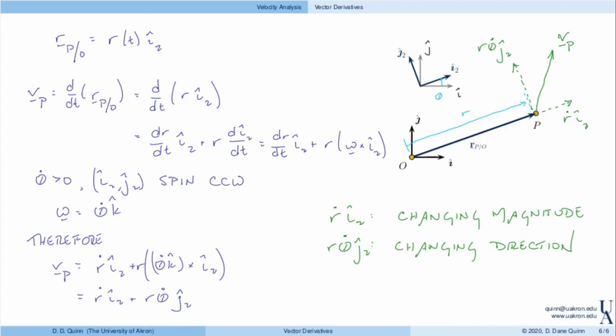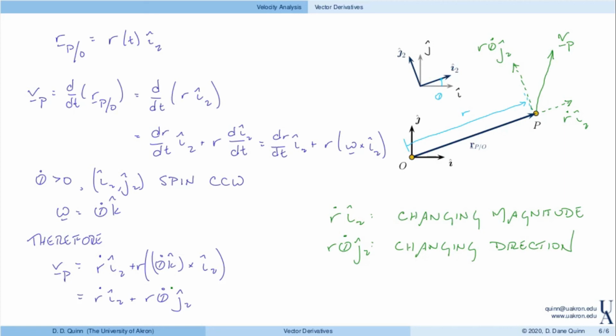And that's actually going to be perpendicular to the original direction. So here the original direction was I2. This changing direction term comes into the J2 direction. And it's really proportional to how fast those directions spin. So that's theta dot.